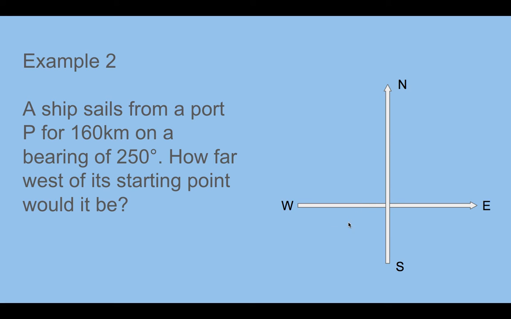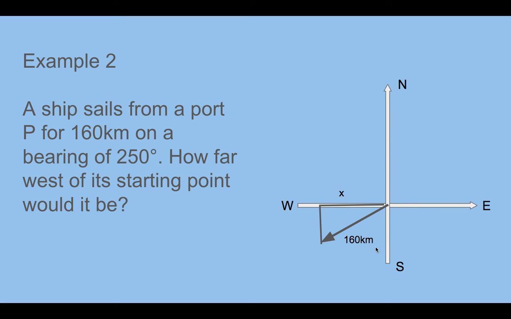We are asking how far west, so we might use this triangle here. Remember, 250, so this would be 20 degrees. We know that distance is 160. There's the triangle we're looking at, not the greatest drawing in the world, and that's the x, how far west this ship has traveled.